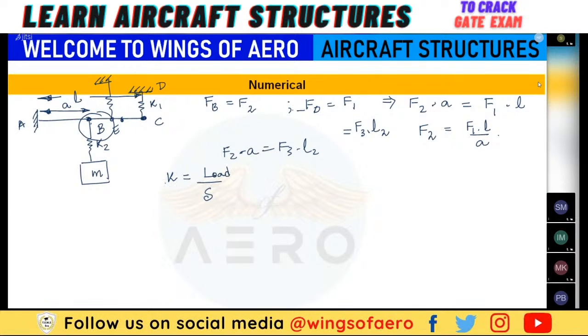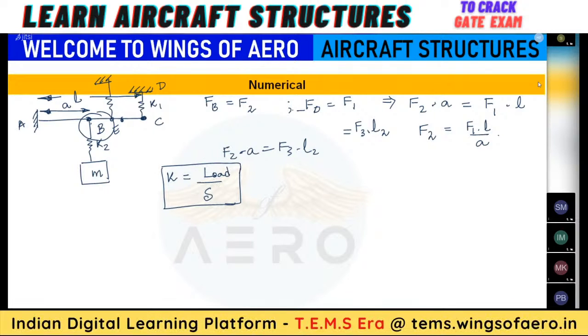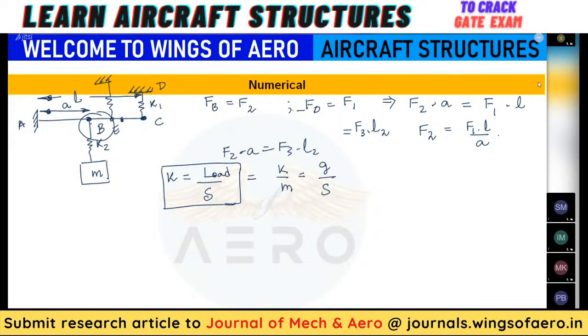We have seen that K is load by deflection. Now, using this method, I can say K by M is equivalent to G by del, the deflection.